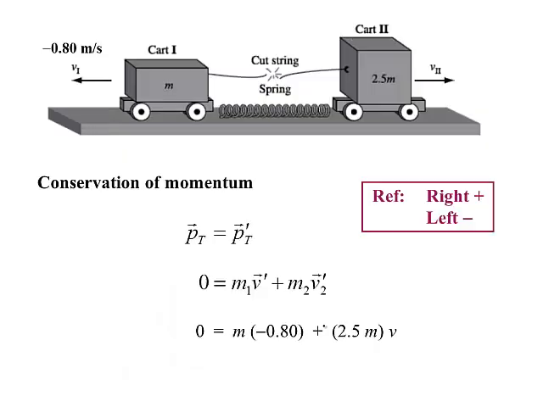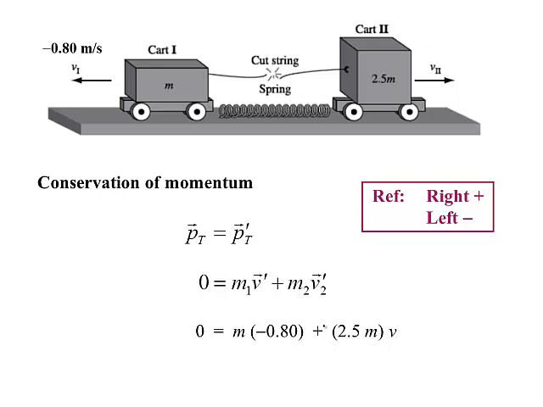Okay, so conservation of momentum. Total initial momentum is equal to the total final momentum. The total initial momentum is 0 because everything is at rest. So that means the total final momentum has to be 0. So the two carts have to cancel each other out. We plug in the masses and velocities.